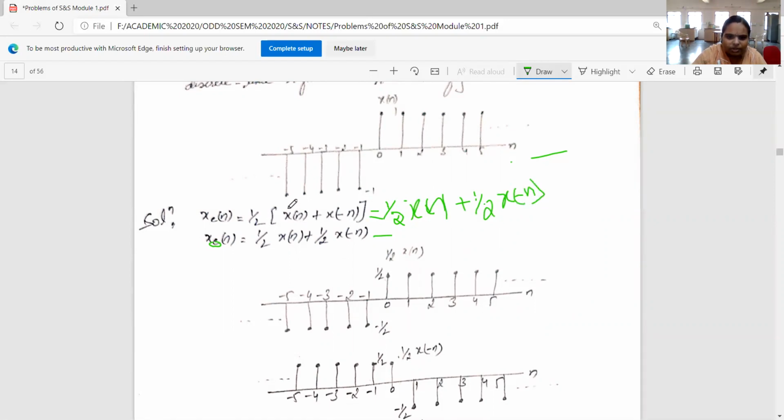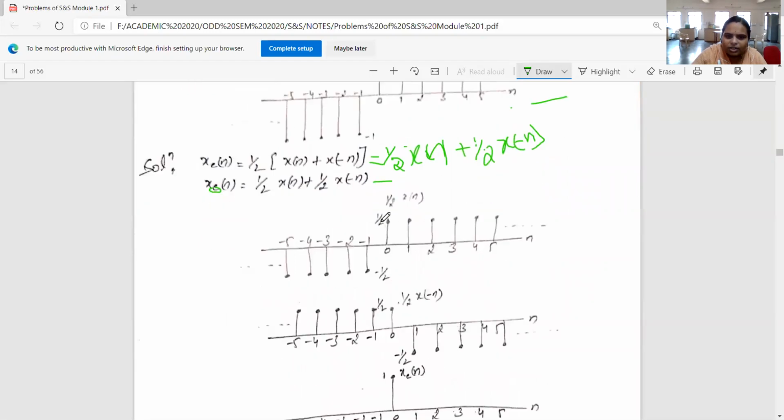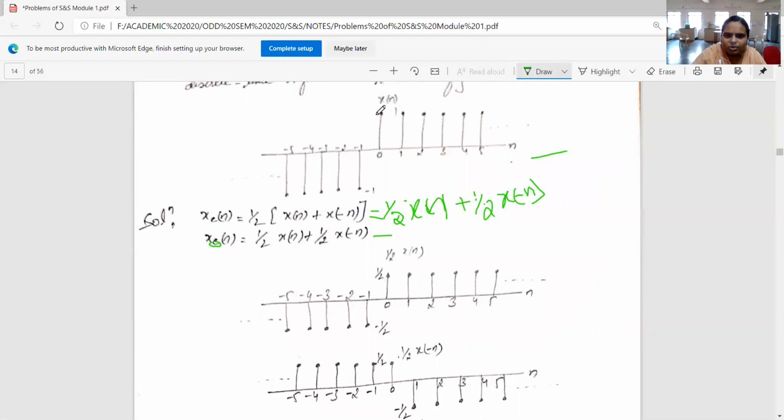Here, first I do 1 by 2 x of n, which means the amplitude is scaled by 1 by 2, multiplying the amplitude 1 with 1 by 2. If I multiply each amplitude of the signal from 0 to 5, where 1 is there, with 1 by 2, I will get 1 by 2. The signal is reduced by half. From 0 to 5 it will have the amplitude as 1 by 2.